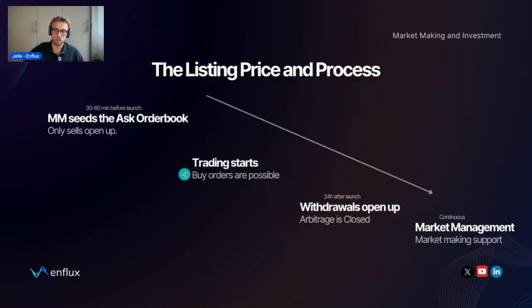We place buy orders. There's one other thing that happens with launches: withdrawals are not open straight away. You can deposit tokens, but you can never withdraw them for the first 24 hours. So what we see happening here is that because you can't withdraw tokens, you cannot do arbitrage effectively.